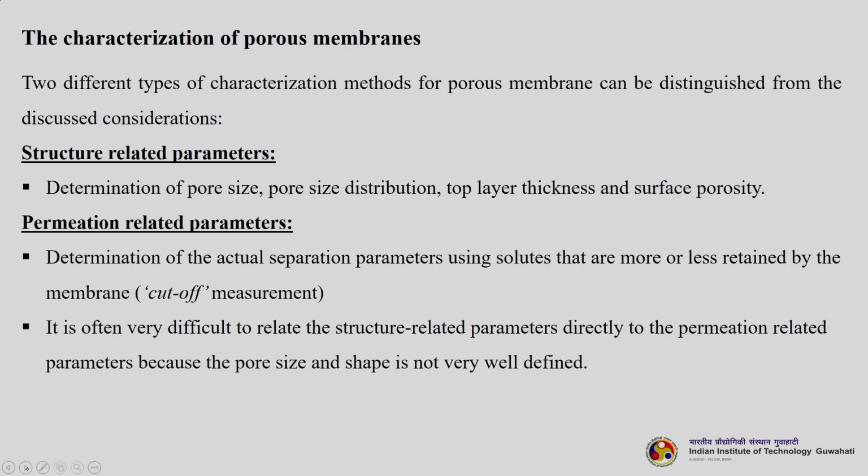That is the determination of the actual separation parameters using solutes that are more or less retained by the membrane, which is called cutoff measurement, or we can call it molecular weight cutoff experiments also. It is often very difficult to relate structure related parameters directly to permeation related parameters because the pore sizes and shapes are not very well defined.